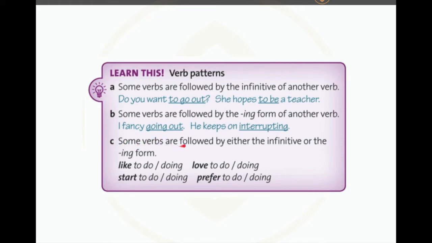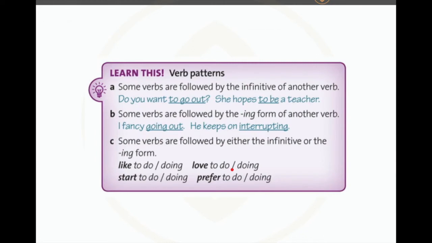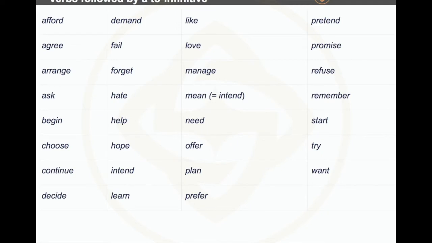Or there are some verbs that are followed by either the infinitive or the ing form, like to do or like doing, start to do or start doing. Actually, there is a very small difference between them, but in some cases, the meaning might change absolutely. So let's look at them one by one.